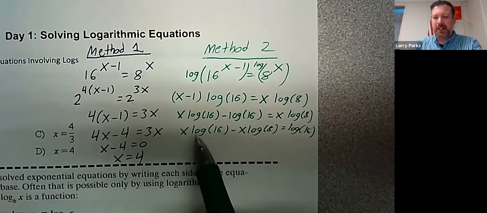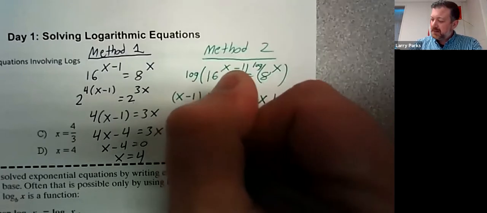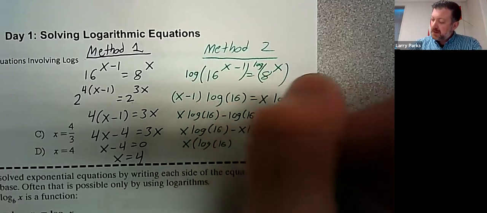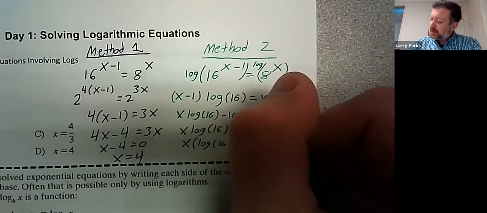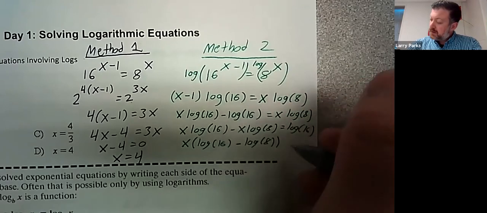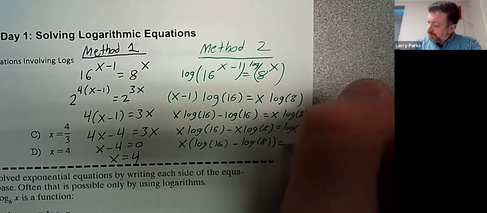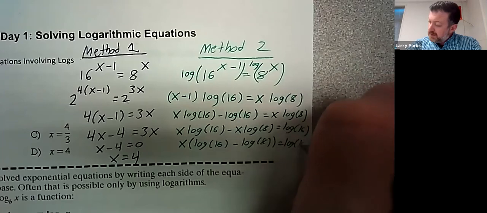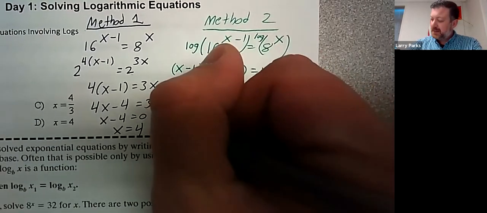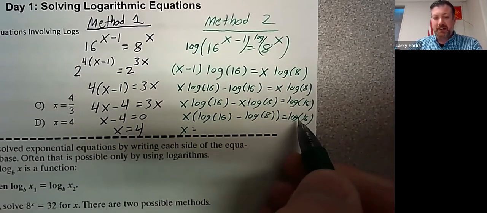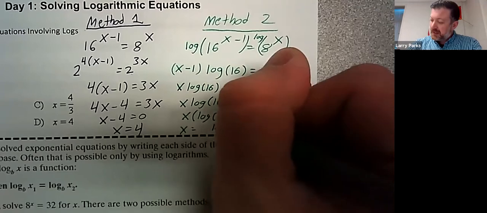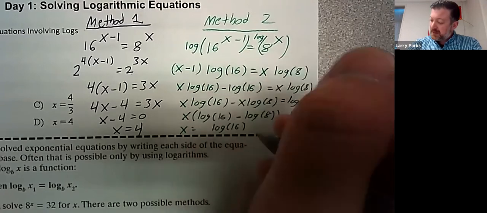From here, we have an x in both, so I can factor it out. And then to solve for x, I would take log of 16 divided by all of this. This is not a very good example to start with.